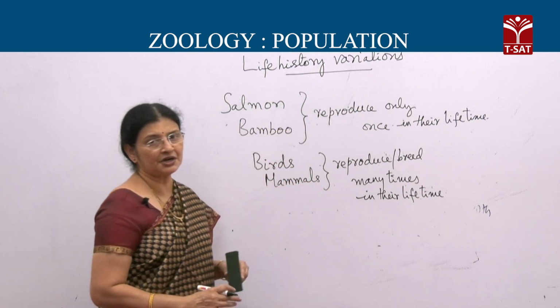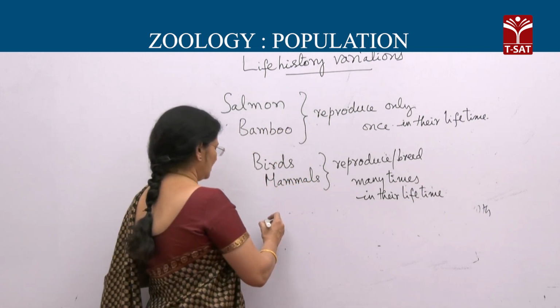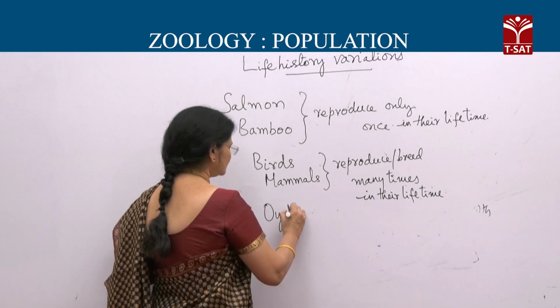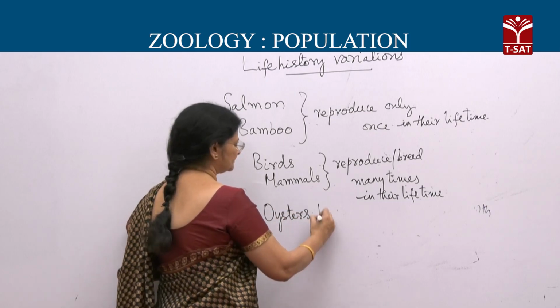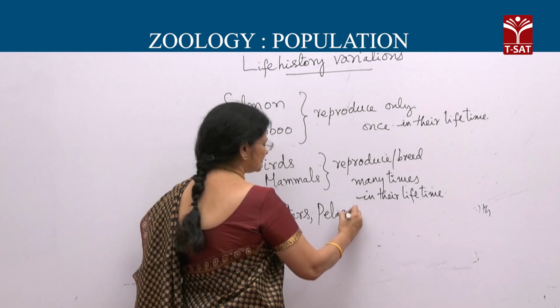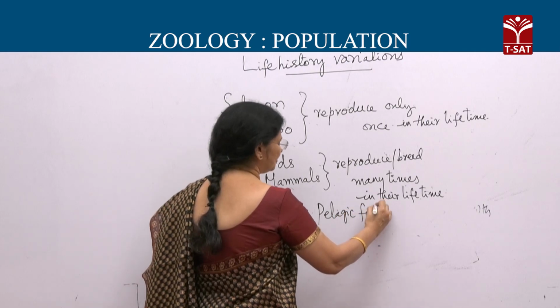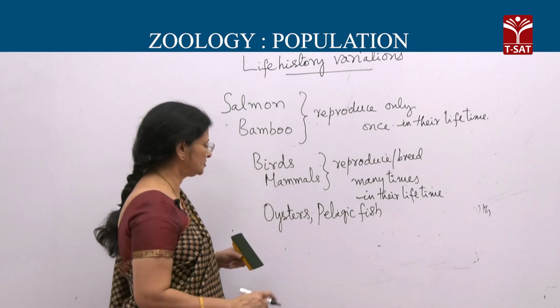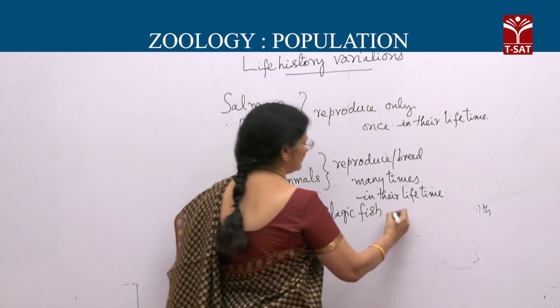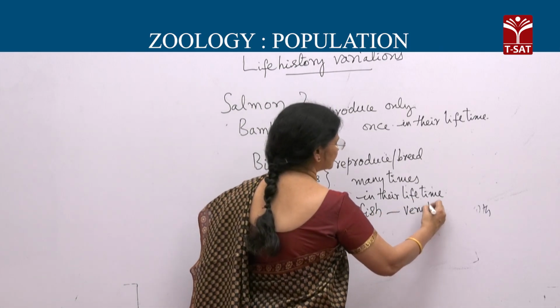Then some organisms like oysters, starfish, pelagic fish, which are free swimming in surface waters and all, produce a very large number of eggs.